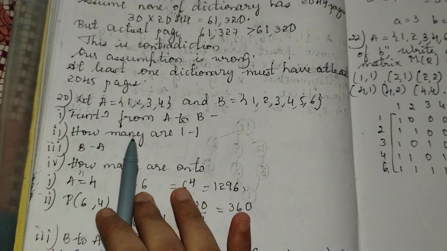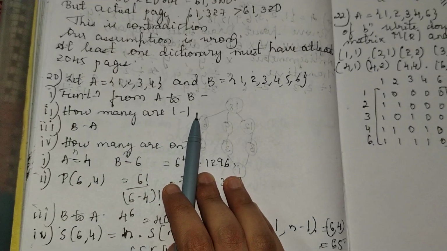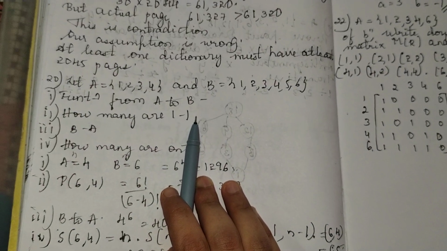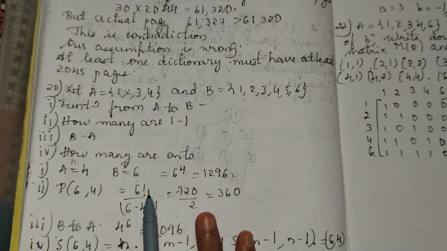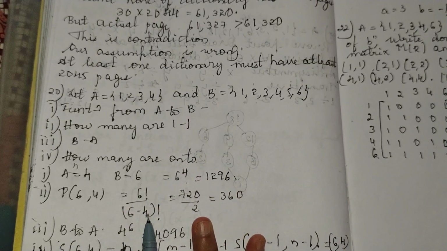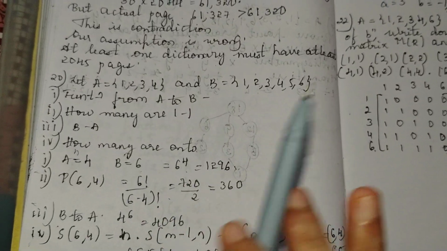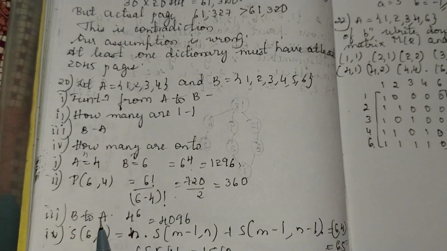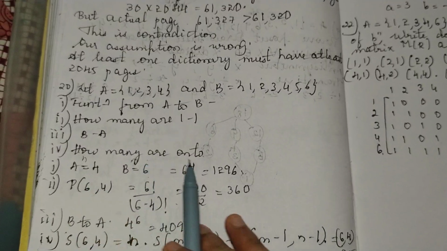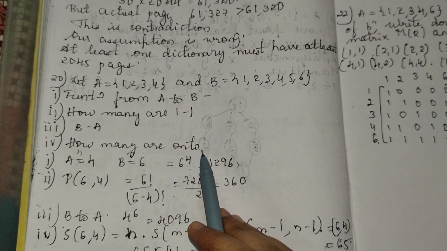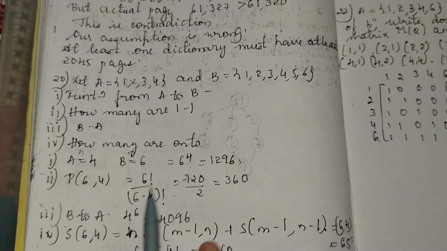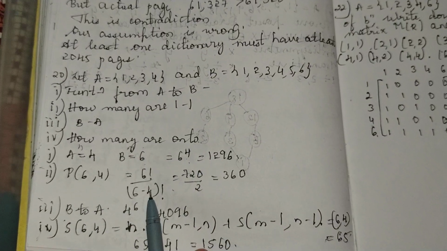Then they have asked how many are one-to-one functions. To find one-to-one functions, the formula is B factorial divided by (B minus A) factorial. Substitute the values. Then again B to A. Here we have found A to B, it is 6 to the power of 4. They have told us to find B to A, so 4 to the power of 6.